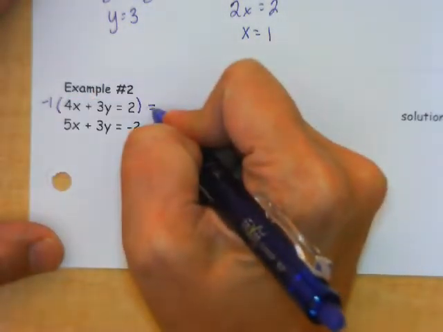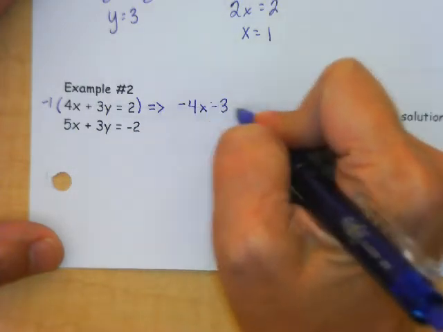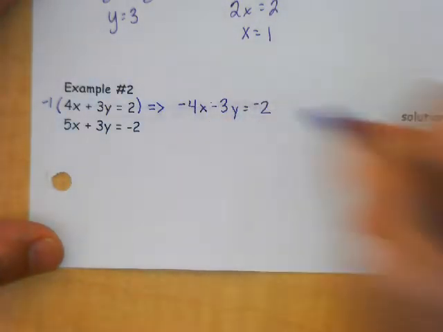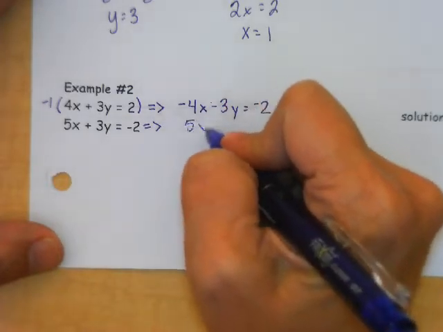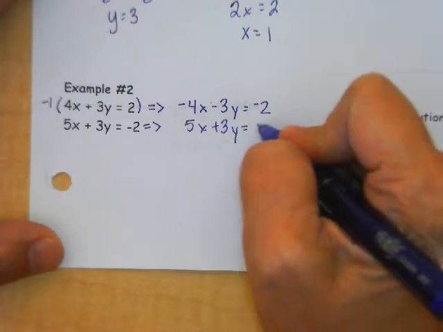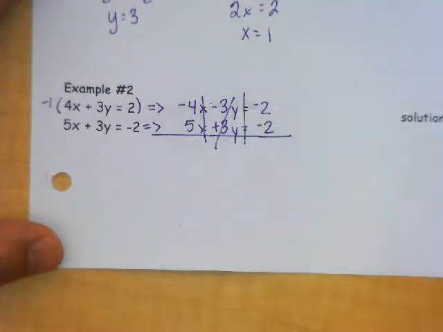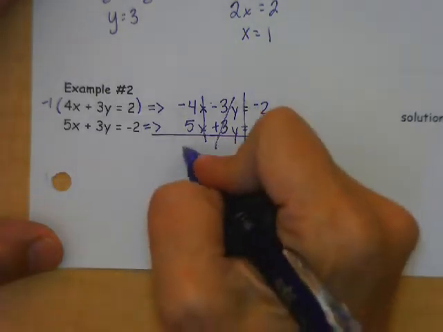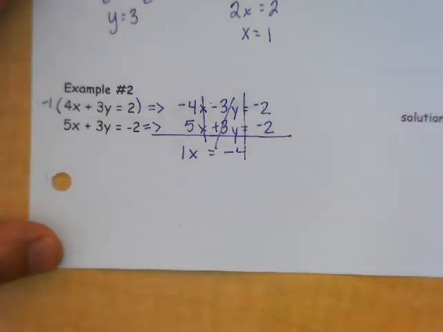So I now have negative 4x minus 3y equals negative 2. I'm going to go ahead and rewrite this one because then I'm not looking at things diagonally and confusing myself. And now I can look at my columns. My y's cancel. Negative 4x plus 5x is just 1x. A negative 2 and a negative 2 is a negative 4.